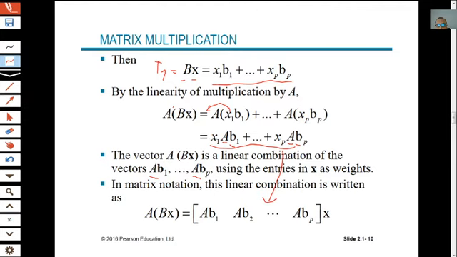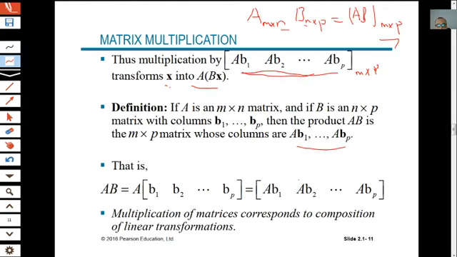So the definition of the product of two matrices will be in this form: A times the columns of the matrix B, Ab1, Ab2, up to Abp. Multiplication of matrices corresponds to composition of linear transformations, as you can see.